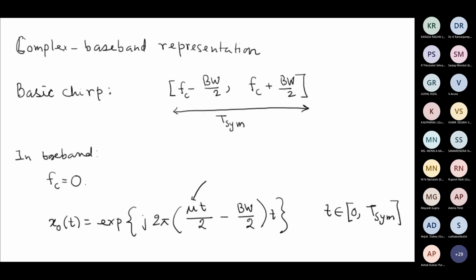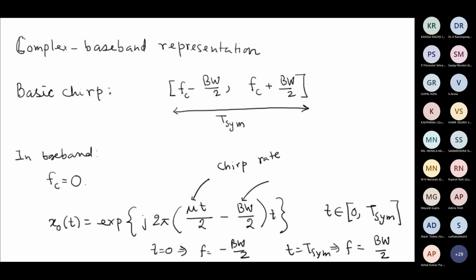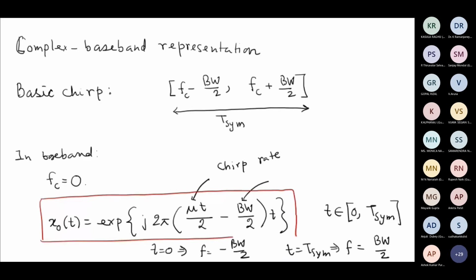So just to remind ourselves, this mu is the chirp rate, and bw is of course the bandwidth. So it is easy to see that when t is equal to 0, we have an instantaneous frequency of minus bw by 2, and when t is equal to Tsym, we have an instantaneous frequency of bw by 2. So this complex baseband representation is for one of the possible chirps known as the basic chirp.